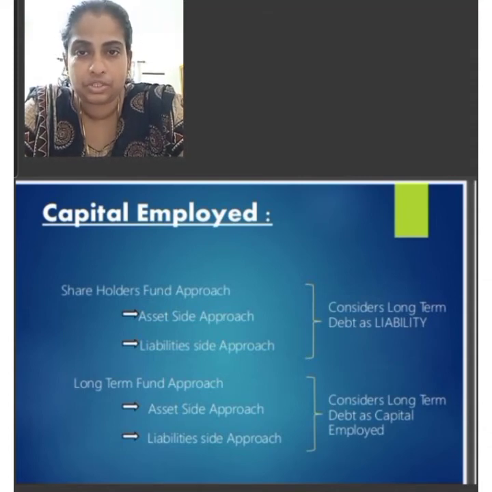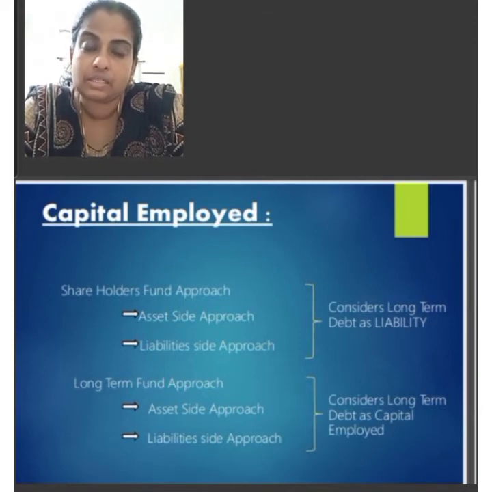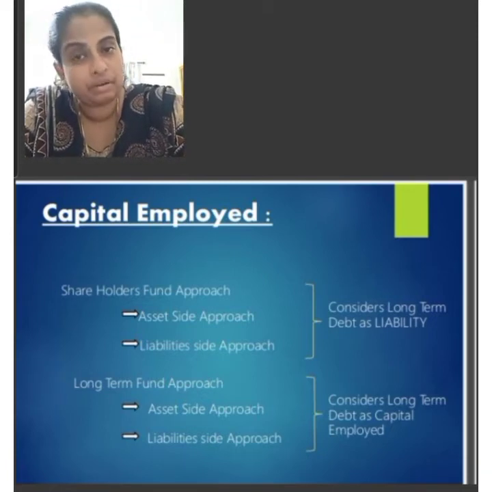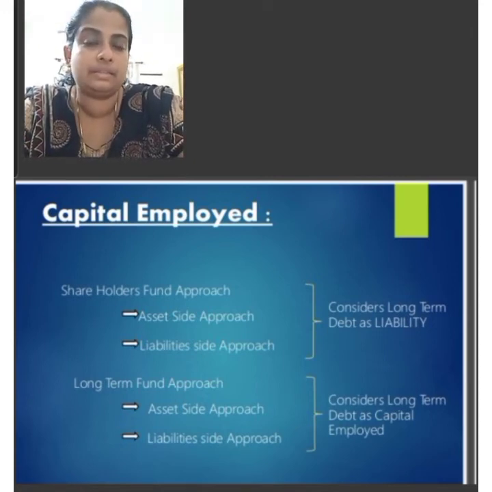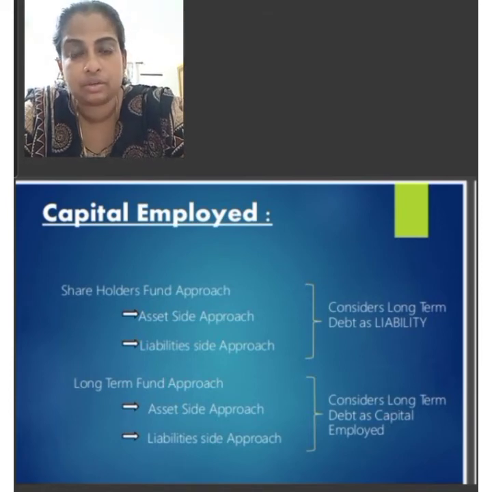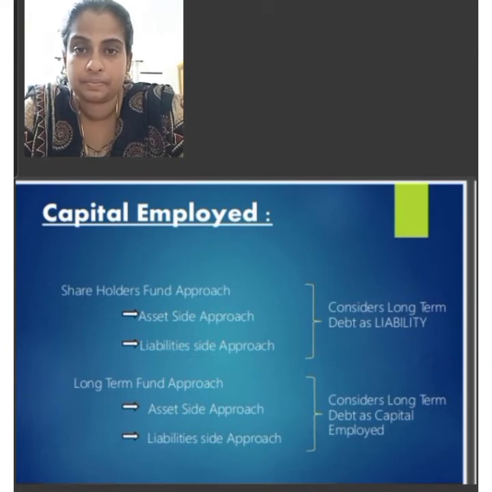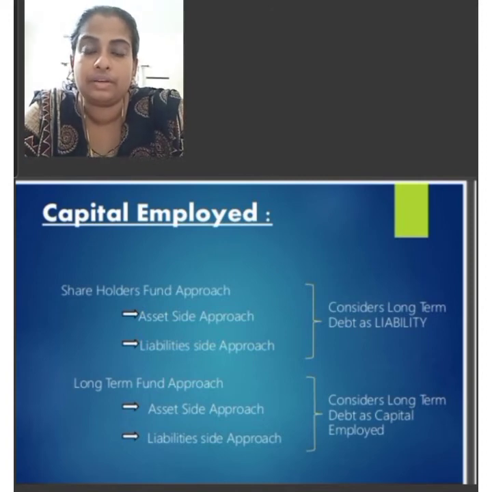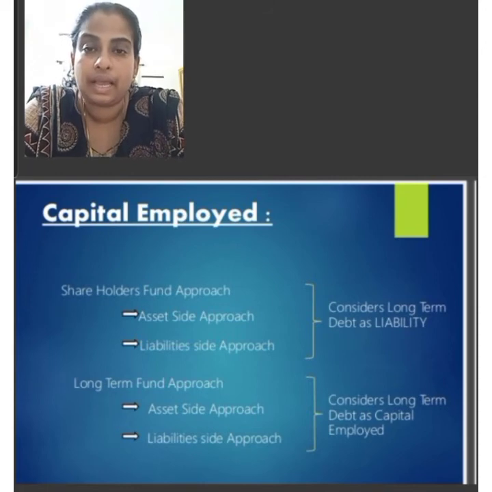In that situation, we have to deduct the amount of preliminary expenses and discount on issue of shares and debentures from the total of equity share capital, preference share capital, reserves and surpluses, and profit and loss account credit balance. Then you will get the amount of shareholders' funds or equity. Then add the amount of debentures, long-term loans, and long-term provisions to the amount of equity. Then you will get the amount of capital employed. This is the first method for calculating the amount of capital employed.